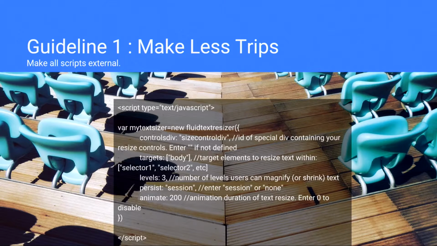Next tip is to make all scripts external. A lot of people will have a script like this. This is just something I grabbed as an example in their code, because in your mind, you think, well, I'm just doing this one thing on this one page, so I'll just write it and leave it there. But as a site grows, there tends to be a lot of duplicate scripts on multiple pages. If they're not exactly the same, they're siblings.